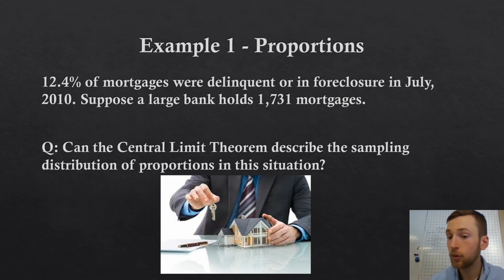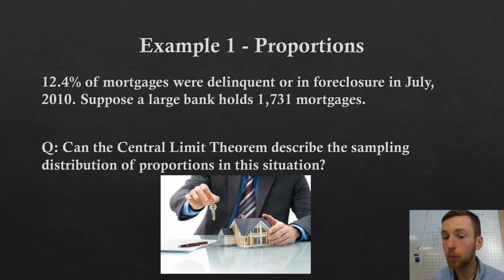This first one has to do with proportions, okay? So for this example, we'll say 12.4% of mortgages were delinquent or foreclosed on in July in 2010. And suppose a large bank holds 1,731 mortgages, okay? First thing we want to know is, can the central limit theorem describe the sampling distribution of proportions in this situation?